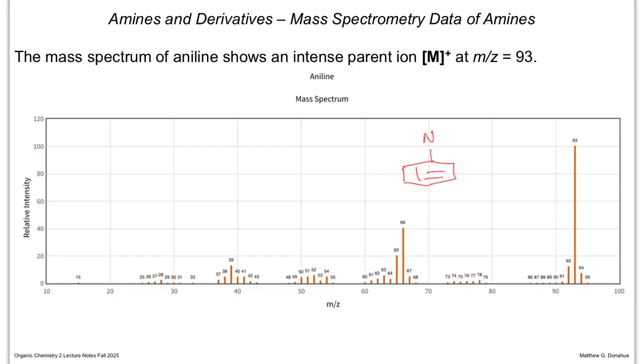So here's aniline. And this signal here at 93, that was the parent ion. So because it's odd, we can assume that there's going to be an odd number of nitrogens. That doesn't immediately tell you, is it 1, 3, or 5?